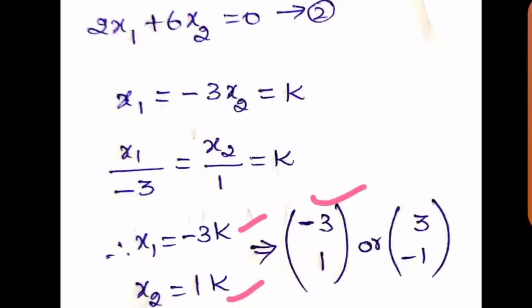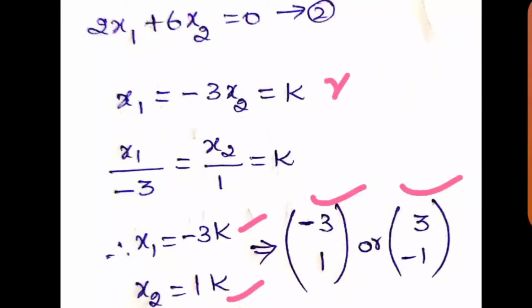But in the option they have given 3 and minus 1. So in these cases you should know that if there is a minus in one term alone, it can be in the other term also. So only the ratios we have to see here, and you should not look at the minus. Because in this formula, x1 is equal to minus 3x2, no? So you keep it like this.